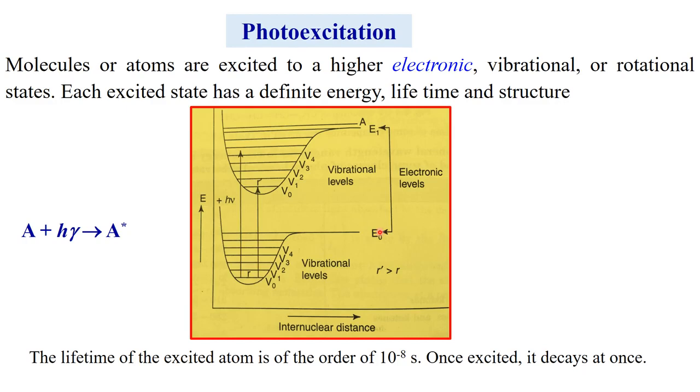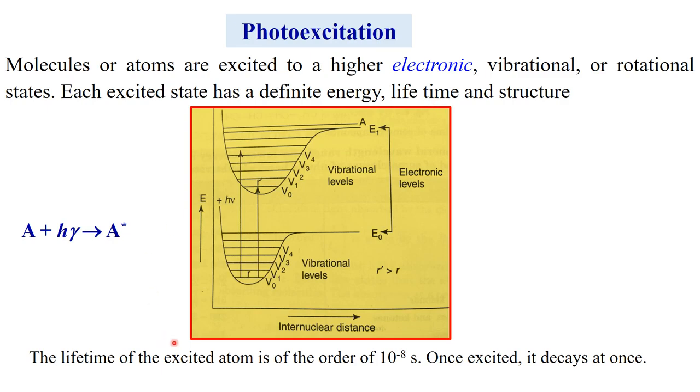Each electronic energy level has many vibrational energy levels, and a vibrational energy level has many other rotational energy levels. And each excited state has a definite energy, lifetime, and structure.